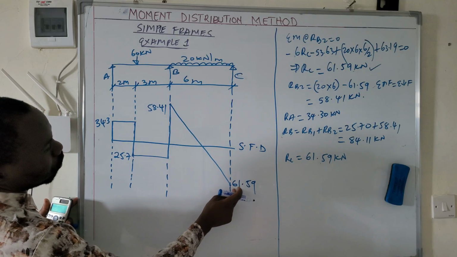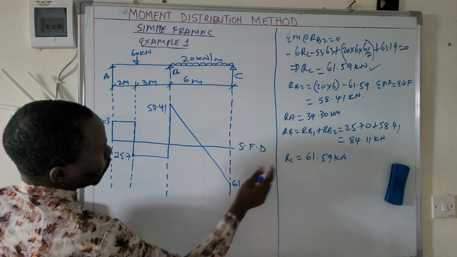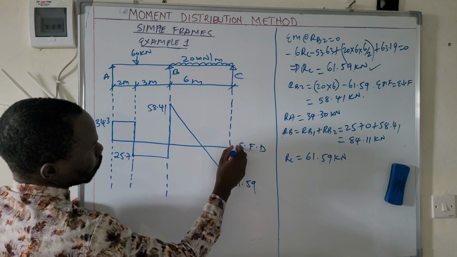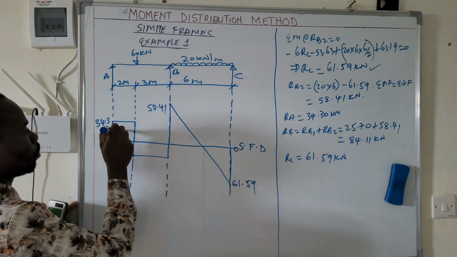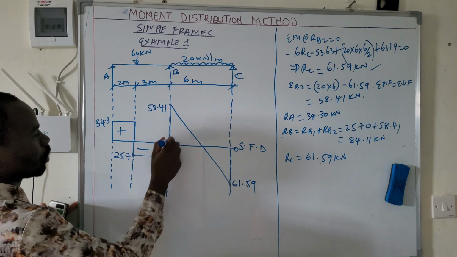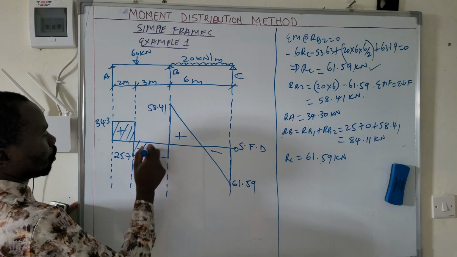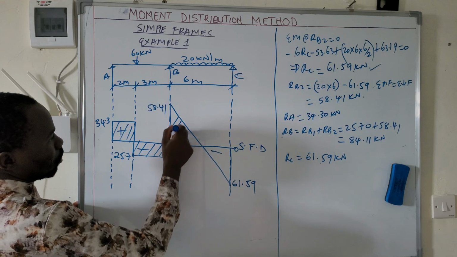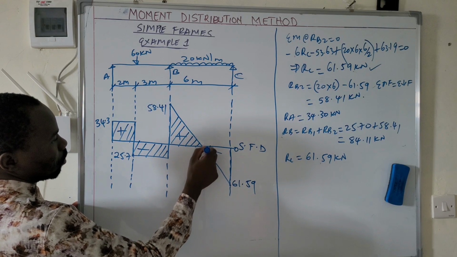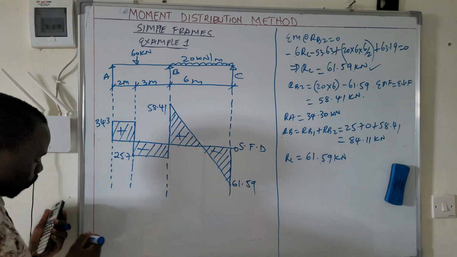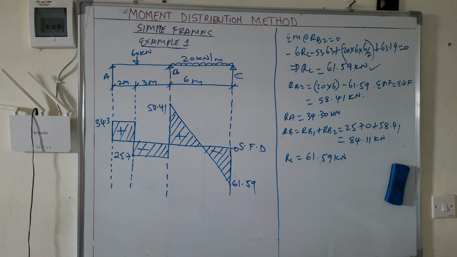And then negative 61.59 plus RC brings you back to 0. This is 0. So this is positive, negative, positive, negative. So that is our shear force diagram.